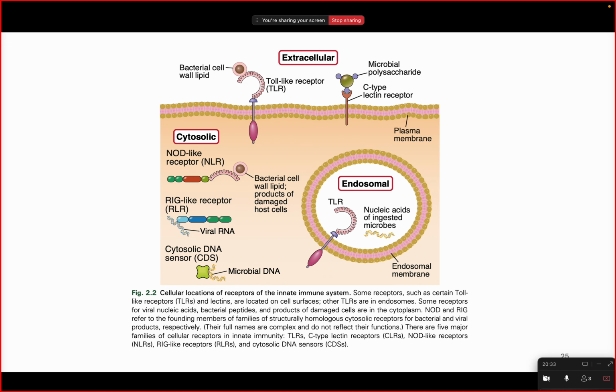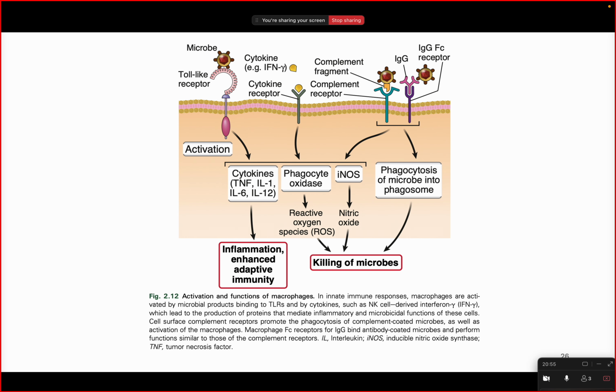Then we saw the innate immune system, what receptors or components of the cell, especially receptors, are responsible for eliciting this response. They are present in membranes, on the surface, as well as in the cytoplasm of the cell.